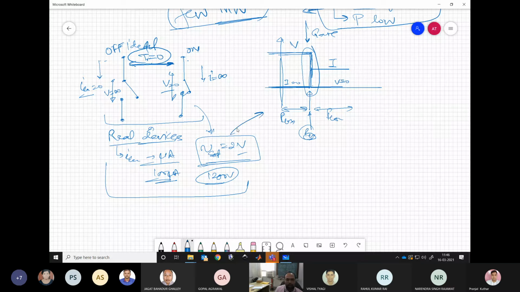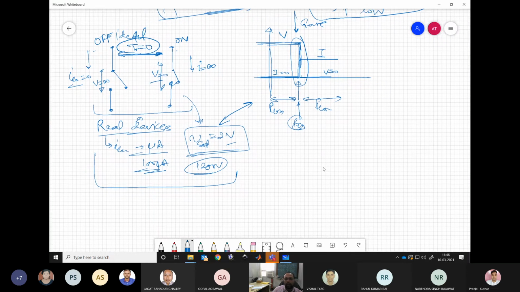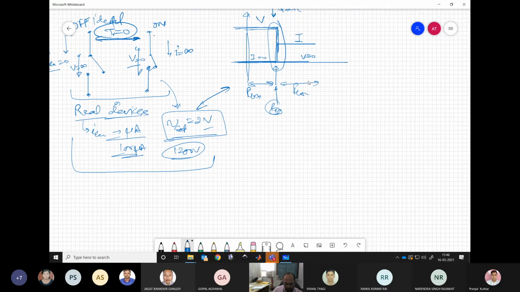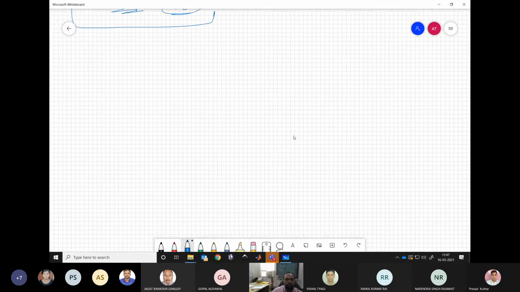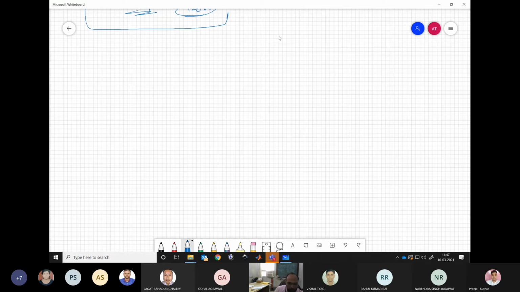This is where the real world devices start differing from the ideal devices. So in any real world device, let's say we have an IGBT with voltage somewhere like this when it is off, and current which is anyway very small.